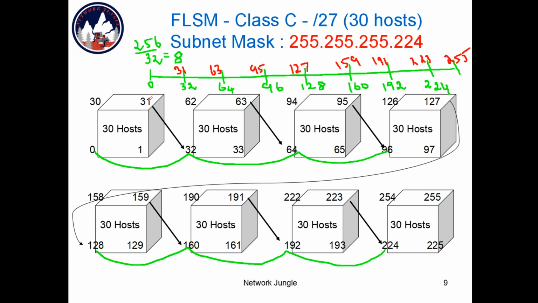So these are the broadcast addresses for the different network segments: 63, 95, 127, then 159, 191, 223, then 255.